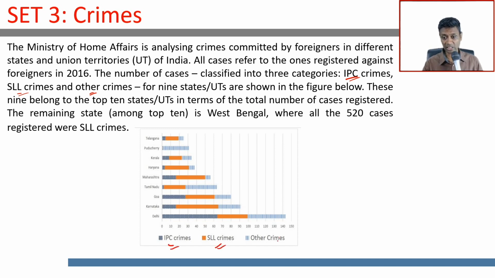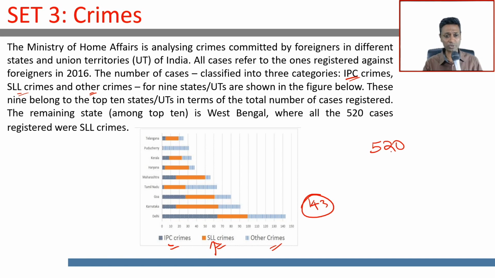IPC, SLL, other crimes. These 9 belong to the top 10 states, UTs, in terms of total number of cases registered. The largest number, 143, 144, somewhere there. The remaining state among the top 10 is West Bengal, where all 520 cases were SLL crimes. Oh, wonderful. So all 520 were SLL.